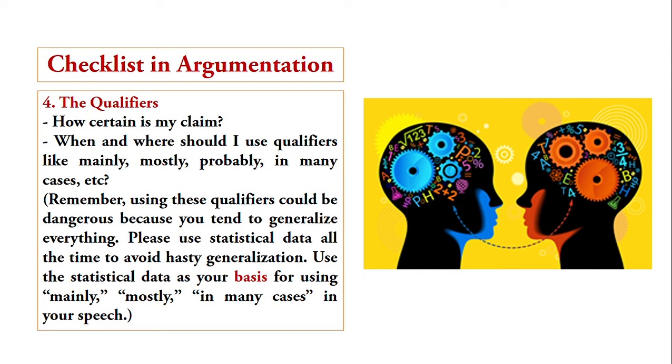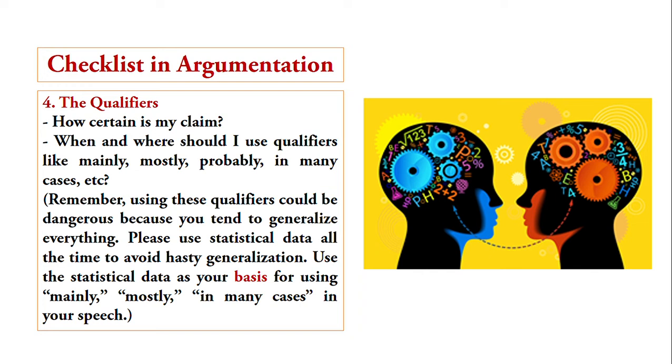Careless use of these qualifiers, such as mainly, mostly, probably, in many cases, without looking at the statistical data, could lead to the so-called hasty generalization, or you simply generalize everything without first citing the statistical facts about it.